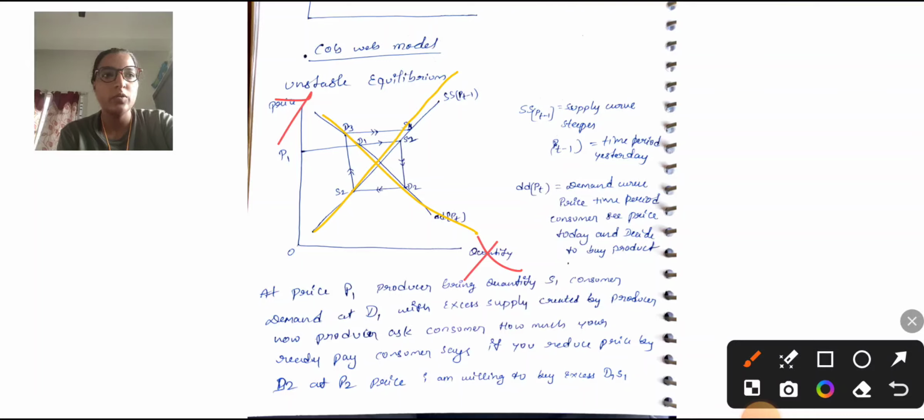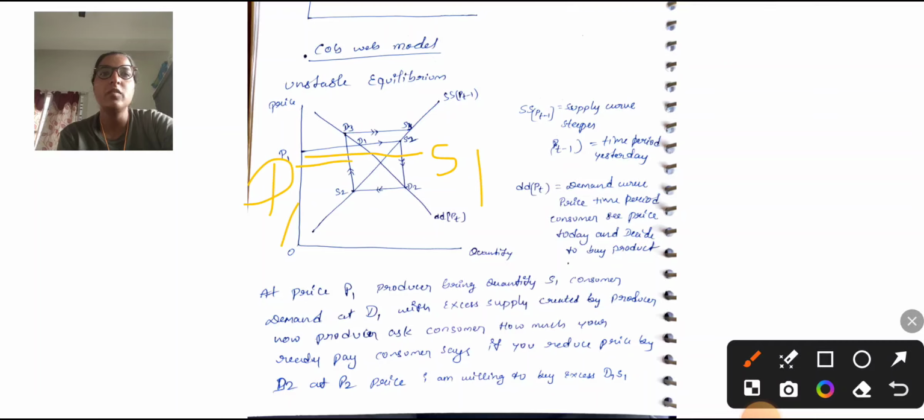The producer brings quantity to the market at the price P1. At P1, the producer brings quantity S1, and the buyer wants quantity D1, with excess supply by the producer.